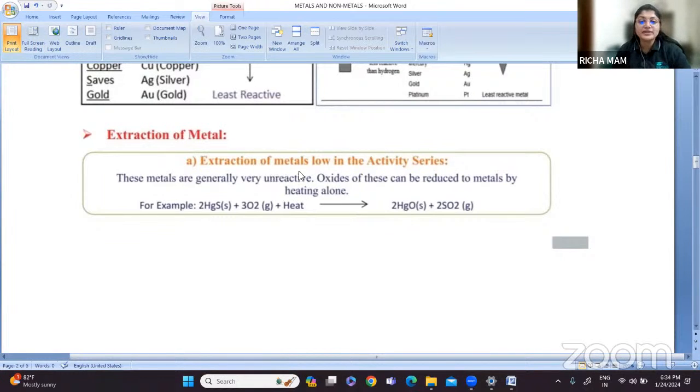Extraction of metals low in the activity series. These metals are very unreactive. Oxides of these can be reduced to metals by heating alone.